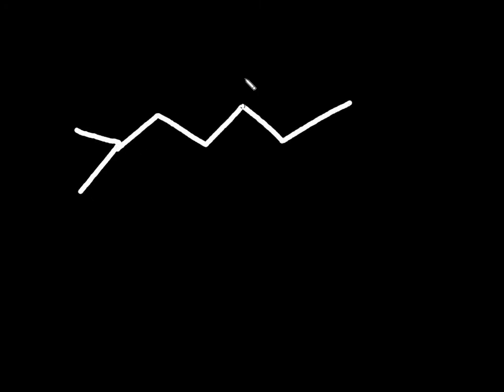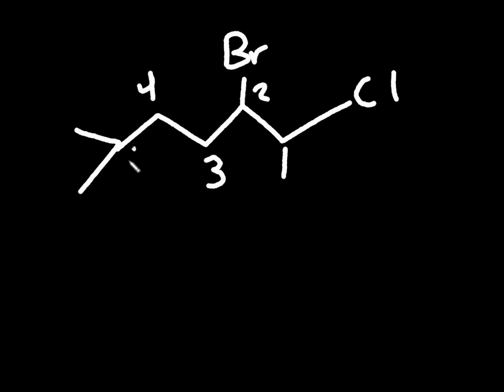Okay, let's try this one here. What would be the name of this? So again, we know that we're going to start at the closest side. It should be here. 1, 2, 3, 4, 5, and 6.